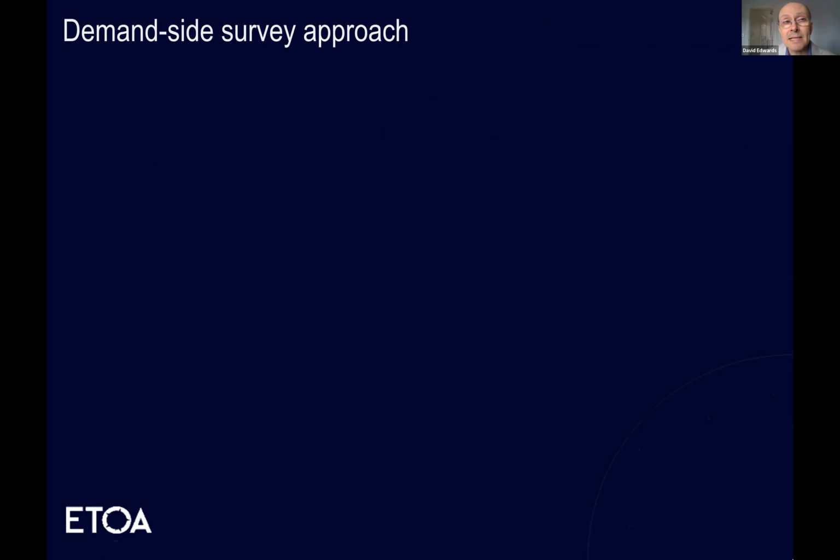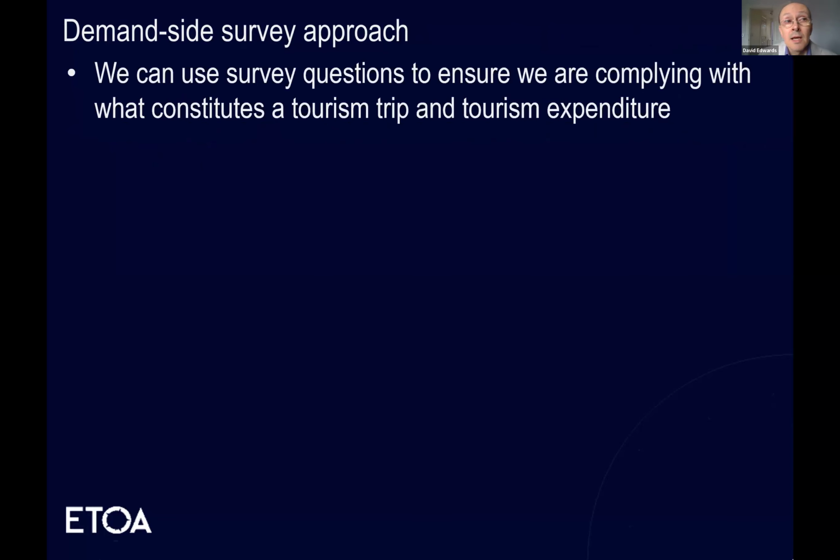So let's briefly think about some of the pros and cons of each of those options. Beginning with demand side survey data, where we quiz those who are actually undertaking those trips. One of the big pluses here is that we can use survey questions to ensure that we are complying with what constitutes a tourism trip and that we are truly measuring tourism expenditure.